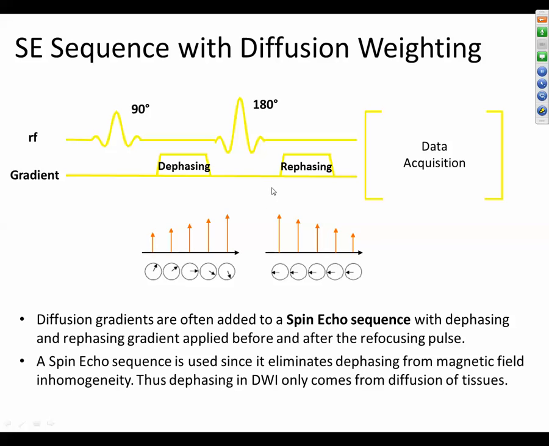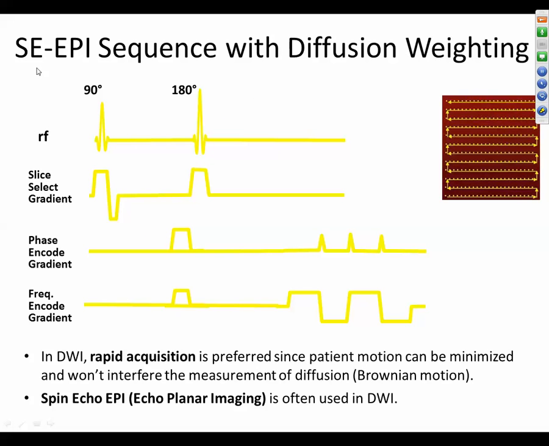And the reason we want to use a spin echo sequence is to eliminate the magnetic field inhomogeneity. Magnetic field inhomogeneity can cause dephasing, but we don't want to mix that up with the dephasing caused by the diffusion. We want to focus on dephasing that comes only from the diffusion, not from the magnetic field inhomogeneity. So we use a spin echo sequence. And there are many types of spin echo sequence. We want to use a rapid acquisition.